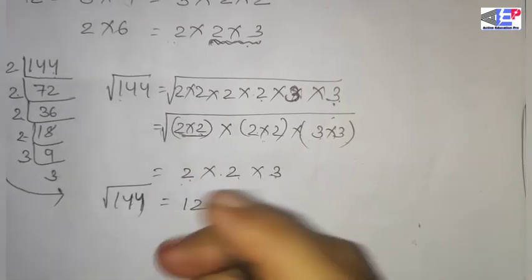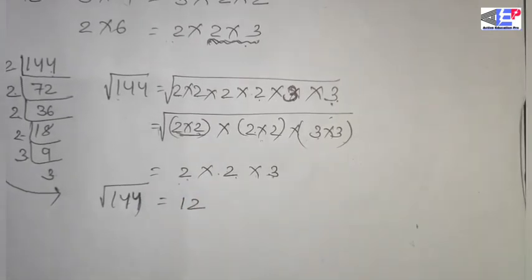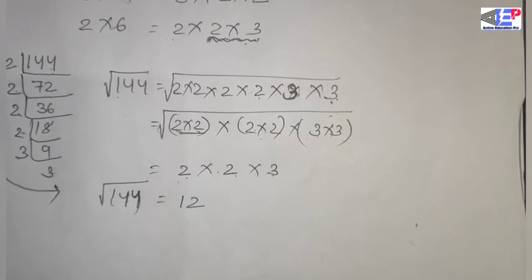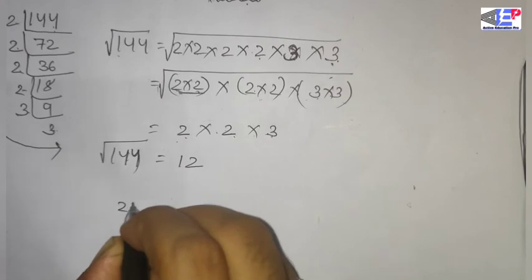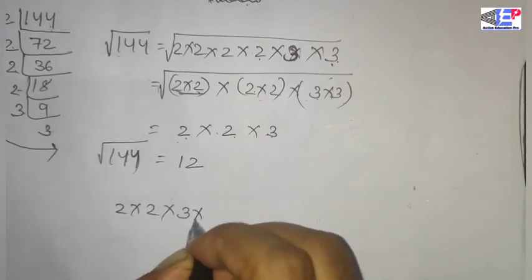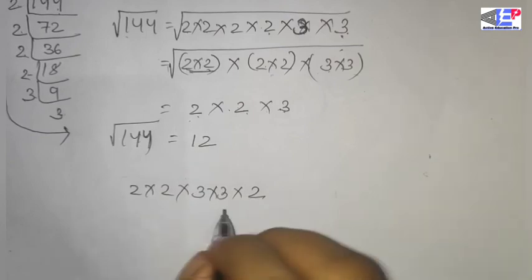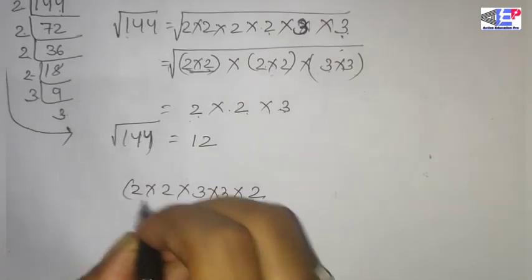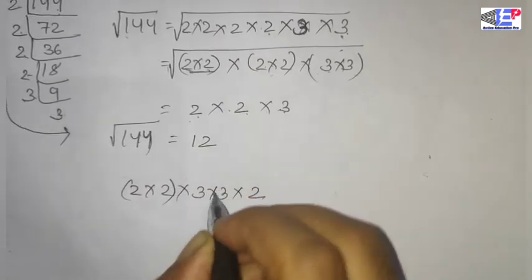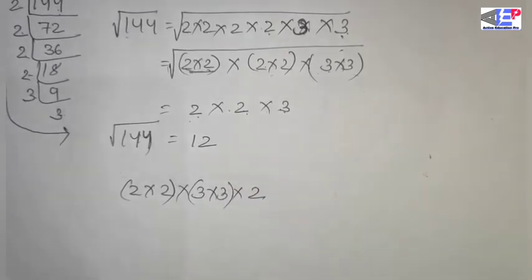Another question is in mind. If you cannot make a proper pair with the same numbers, if there is a factorization 2 into 2 into 3 into 3 into 2, here you cannot make a pair. Here 2 with 2 you can make a group, here 3 with 3 you can make a group.